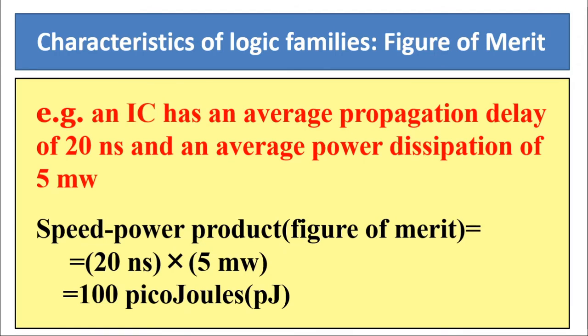Suppose an IC has an average propagation delay of 20 nanoseconds and an average power dissipation of 5 milliwatts. Then the figure of merit, that is the speed power product, is 100 picojoules.